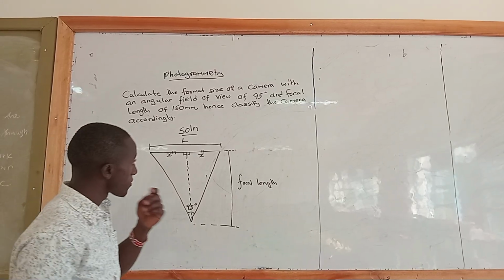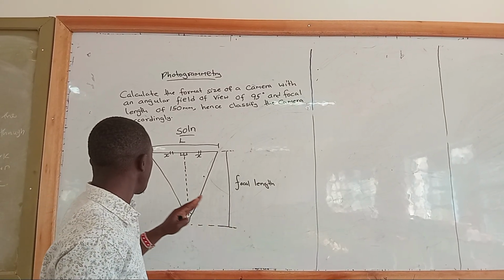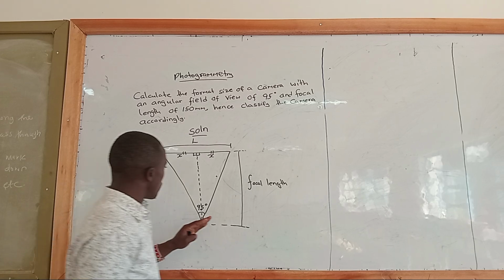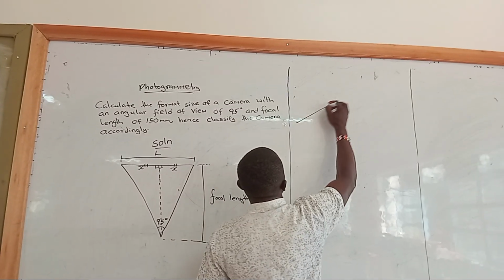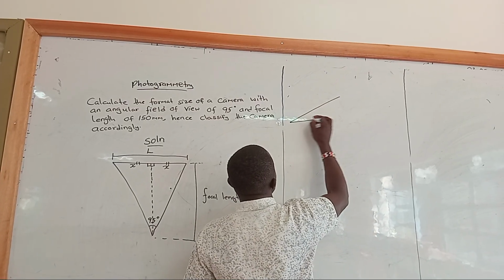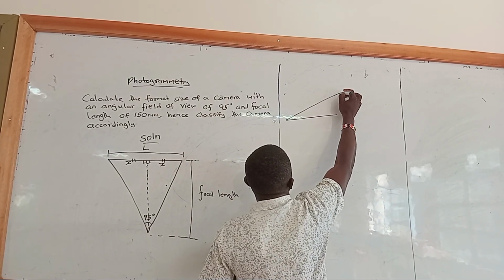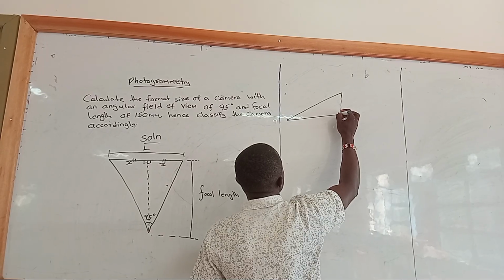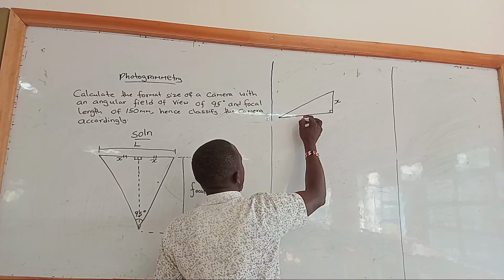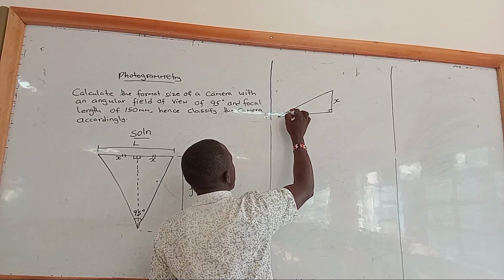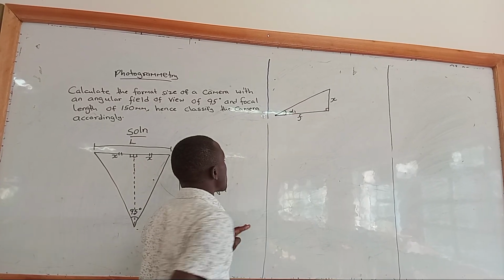So we are going to extract one of our triangles. If you extract one of our triangles, we'll have a distance x, we'll have our focal length, then we'll have our alpha 1.